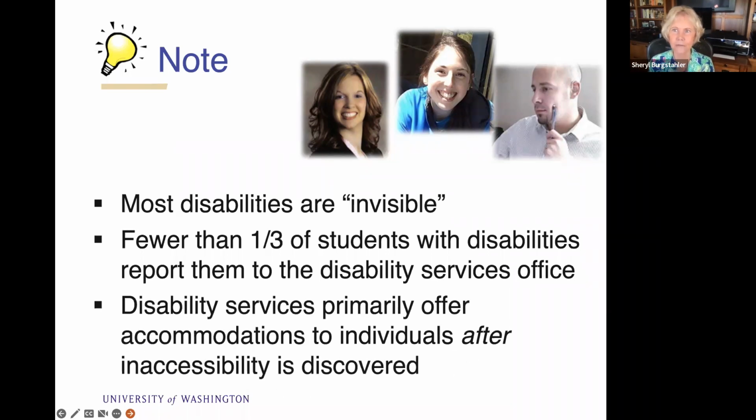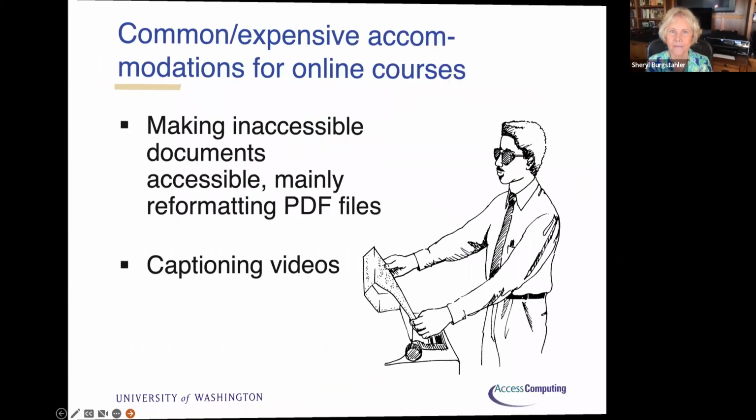And disability services is charged primarily with offering accommodations to the individuals in your course, the students in this case. They're not working for the faculty so much, but working directly with the students who happen to disclose in their office. And many times the class has already been created, so they have to deal with any inaccessibility issues that they discover along the way.